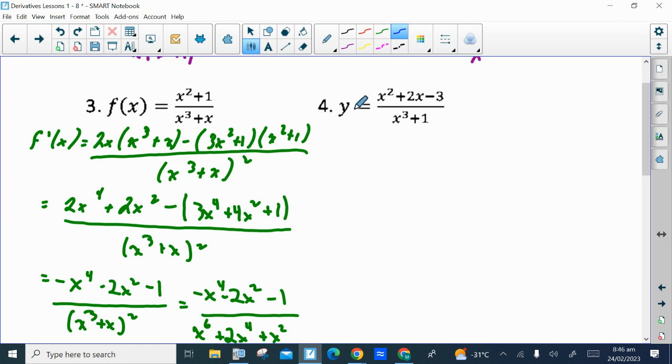And because the original expression is y equals, we would express the derivative as dy by dx. Derivative of y with respect to x. So derivative of the top times the bottom minus the derivative of the bottom times the entire top.